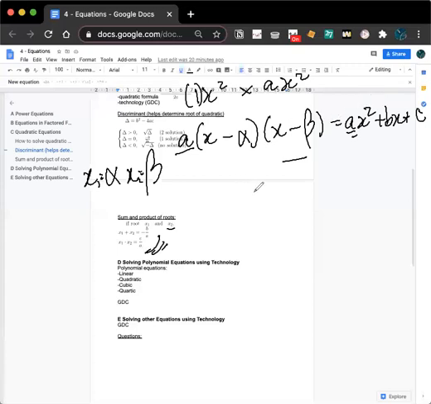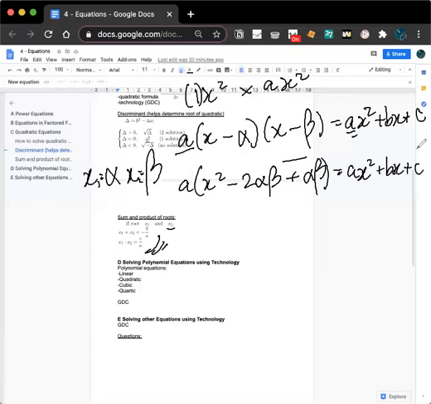And then after that we can expand this, and you would get a times x squared minus alpha plus beta x plus alpha beta equals ax squared plus bx plus c.